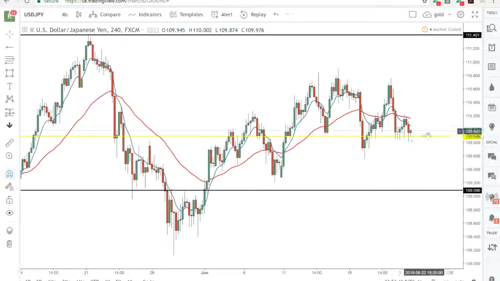This daily support does seem to be holding up price quite nicely for now, but with all the other factors considered, we could be seeing dollar moving downside.